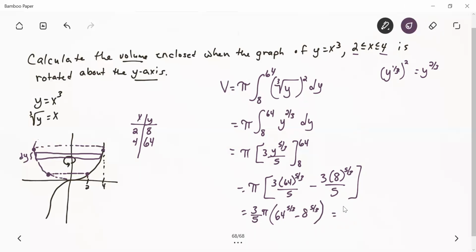So really what we have is 3 pi over 5 times, well, the cube root of 64 was 4 to the 5th, and then 2 is the cube root of 8, 2 to the 5th. When we subtract those, we end up with 992, which gives us 2976 pi over 5 is the volume.